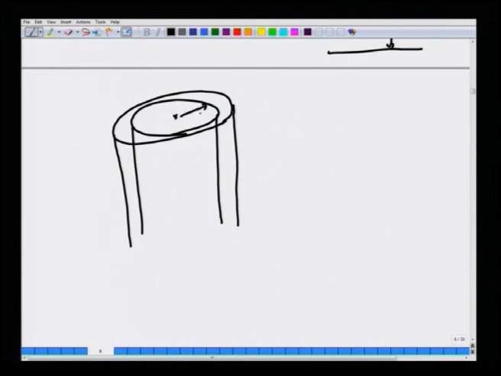Now, the radius of the inner cylinder is r_i.